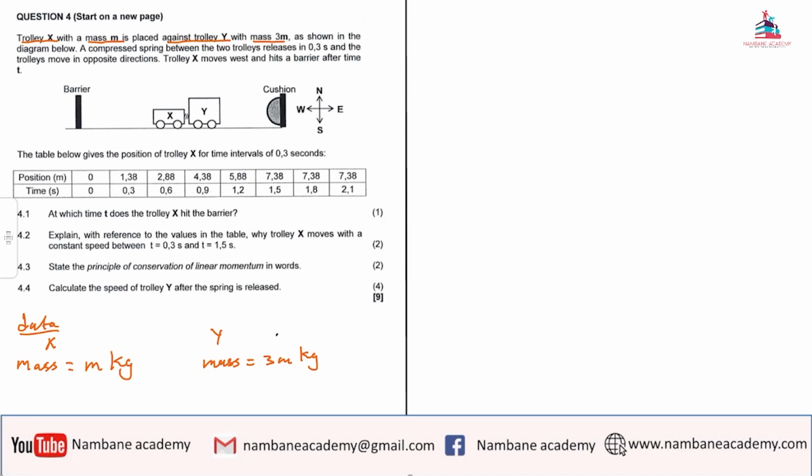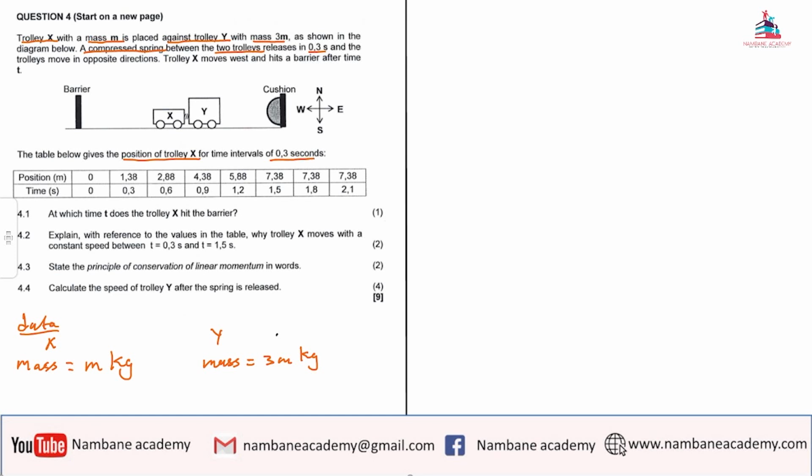Yes. Now it says here, a compressed spring between the two trolleys releases in 0.3 seconds and the trolleys move in opposite directions. Now let's check. The table below gives the position of trolley X for the interval of 0.3 seconds.